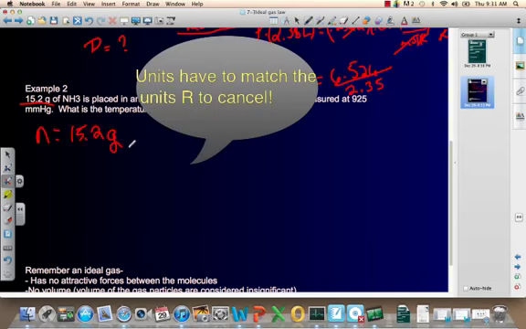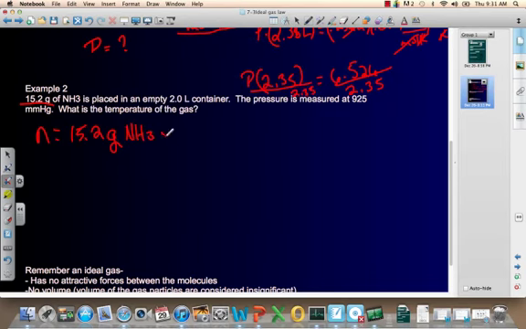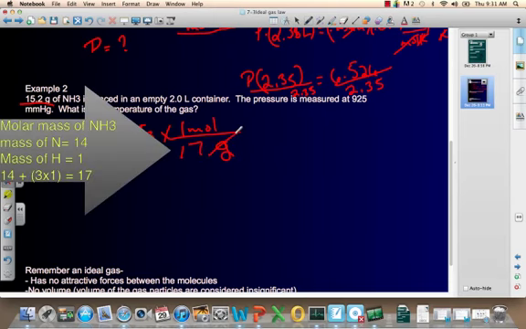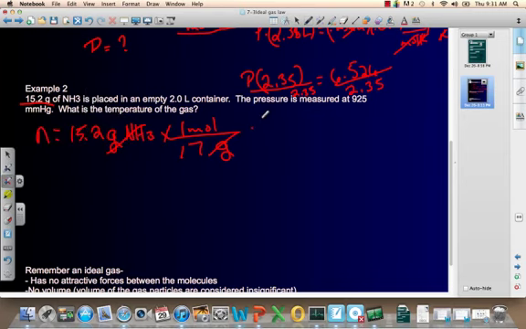So n is equal to 15.2 grams of ammonia, converted to moles. One mole over so many grams, and this is the molar mass. Once I solve for the molar mass, I get 17. So I will have 0.9 moles.